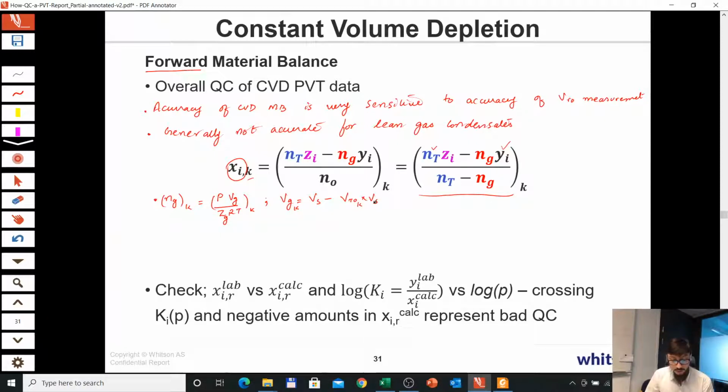So that should give us the volume of the gas phase, because this VRO times Vs is the oil volume, and this is the total volume. So the difference gives us the volume of the gas phase at each pressure.